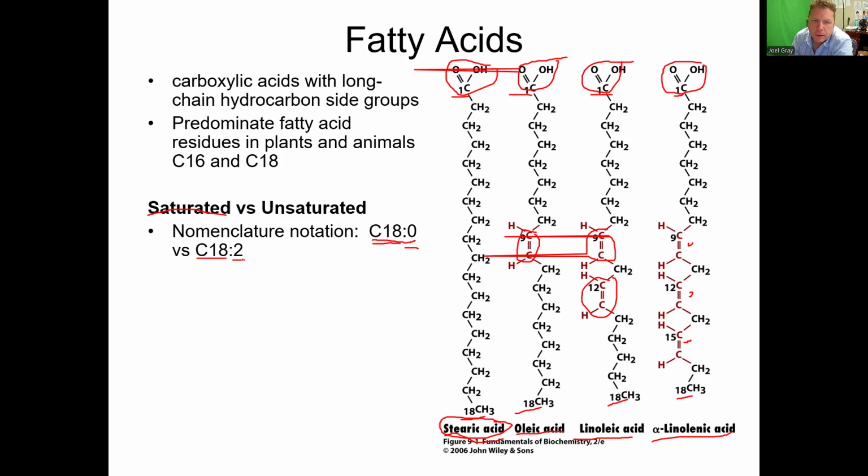18:2. Would anyone like to add to the chat, from this slide, which fatty acid is an 18:2 between stearic, oleic, linoleic, and alpha linolenic acid? Which one of those has a pattern of 18:2?